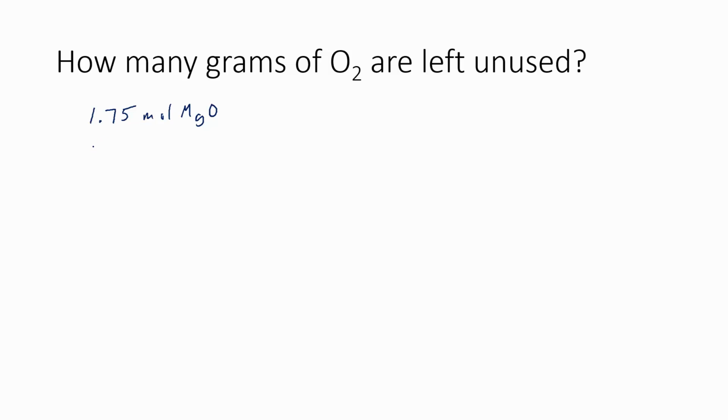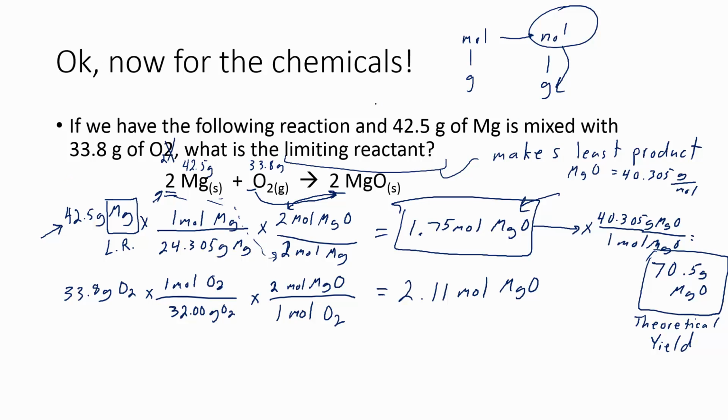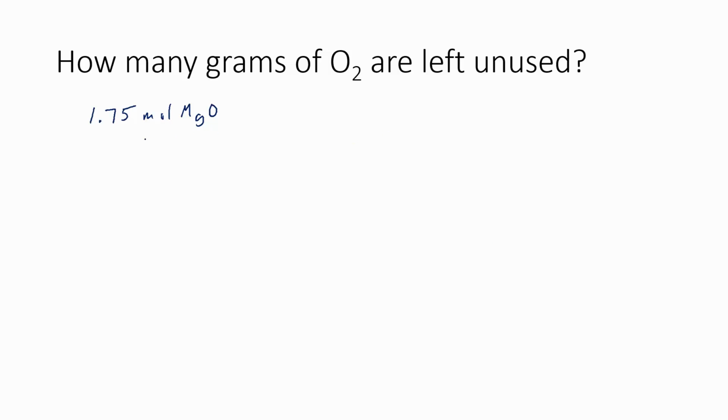Or, to do this very carefully from the beginning, we can start with our 42.5 grams of magnesium, because that is our limiting reactant. Let's do that. It'll come out the same either way.